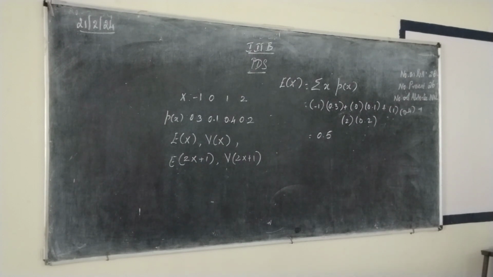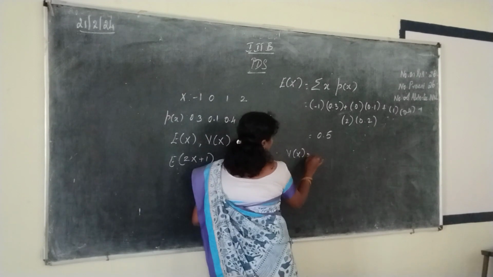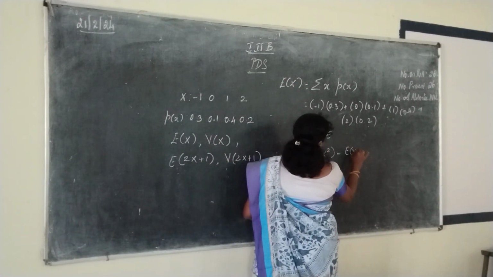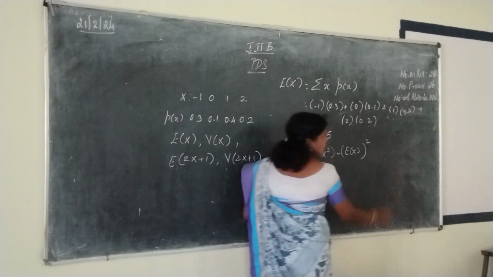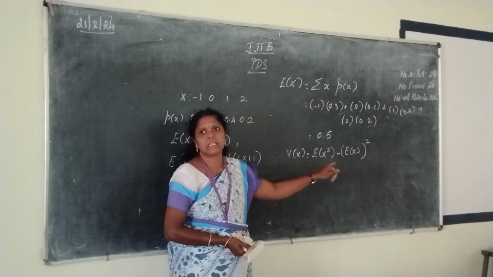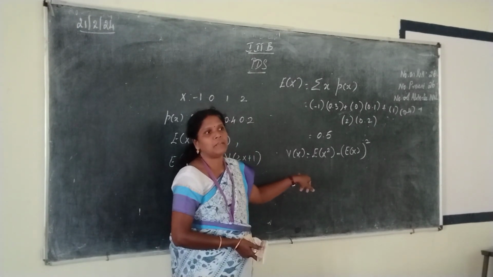Variance of x. What is the formula for variance of x? Variance of x is equal to E of x square minus E of x the whole square. So you need 2 terms to substitute in this one.